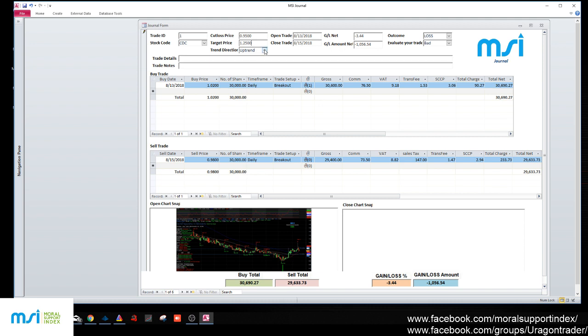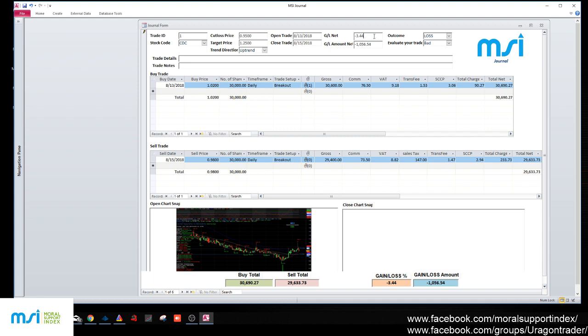Currently, the trend is uptrend. As you can see in the chart, CDC is green, so meaning to say it's going up. I opened the trade August 13, closed the trade August 15. It's a loss of negative 3.44 and the amount is 1,056.